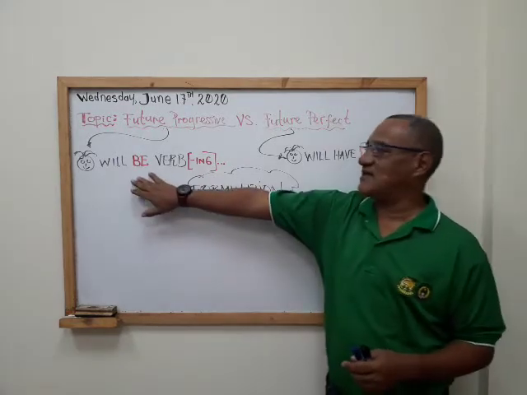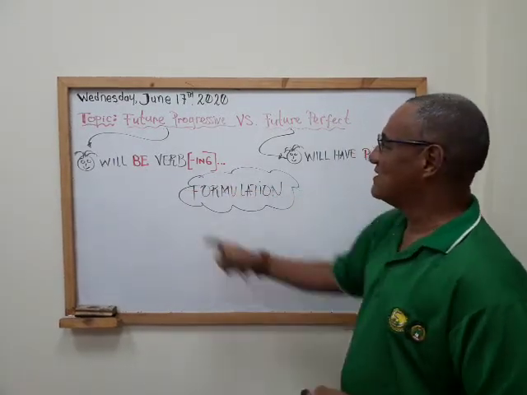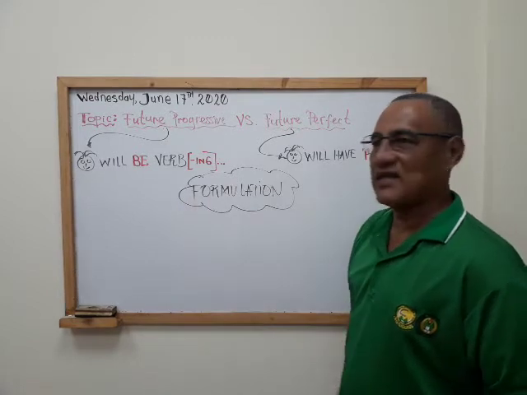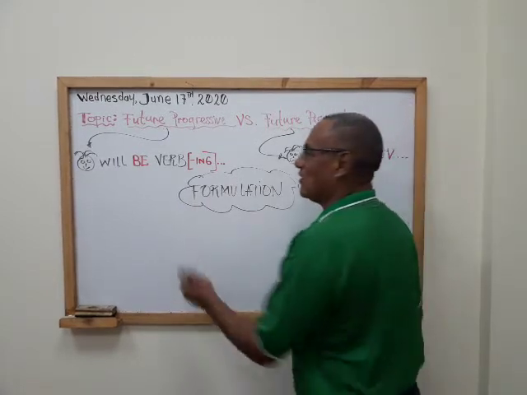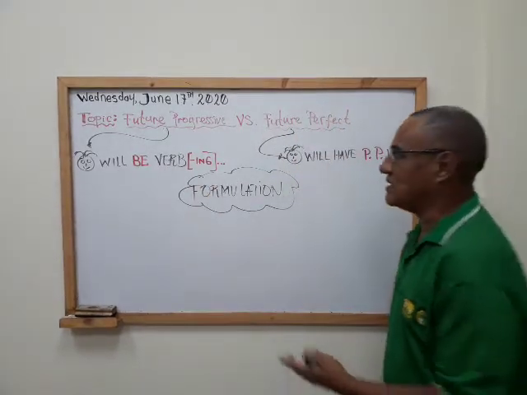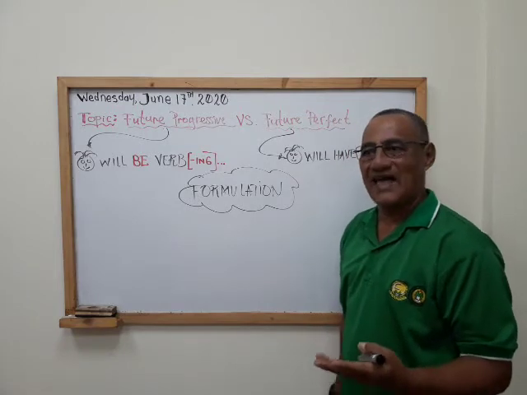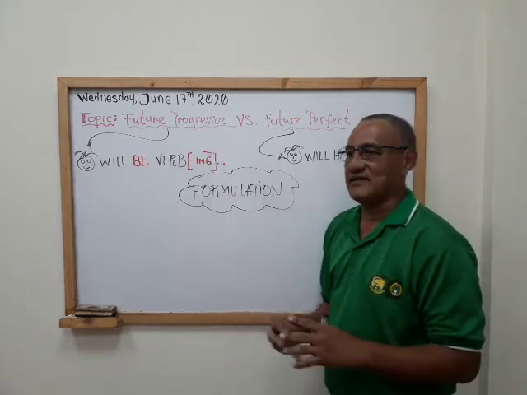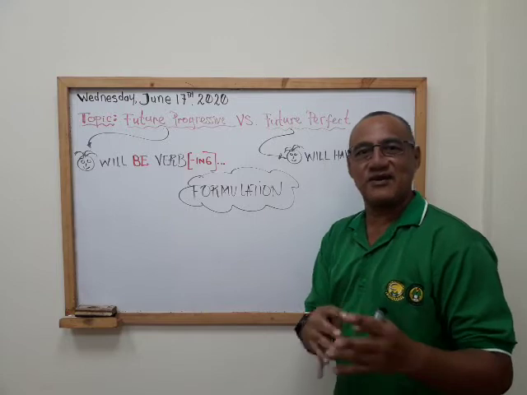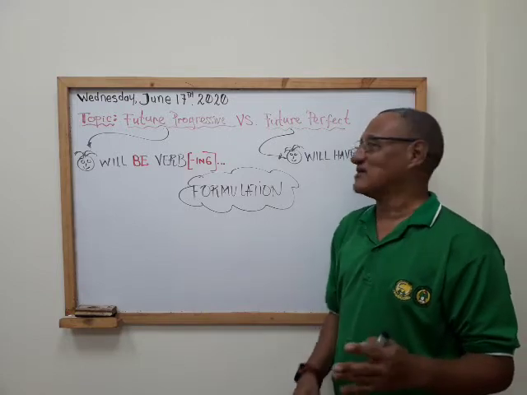As you can see here, the formula, the model to make future progressive is as follows. We need will be and the verb, of course, as it is a progressive tense, in ing. This is like the little brother of the past progressive and the present progressive.